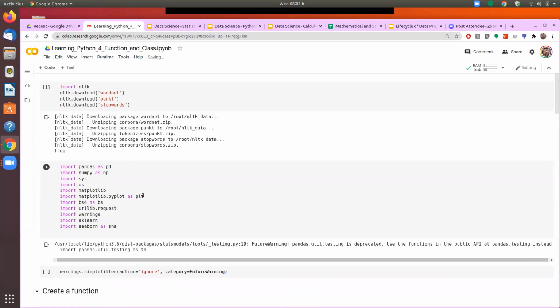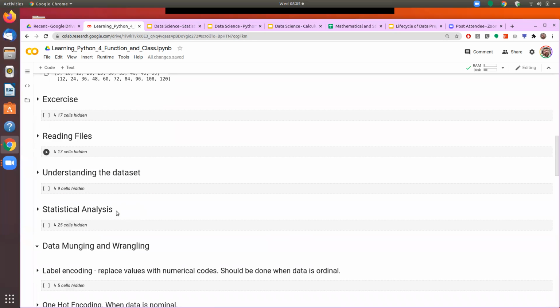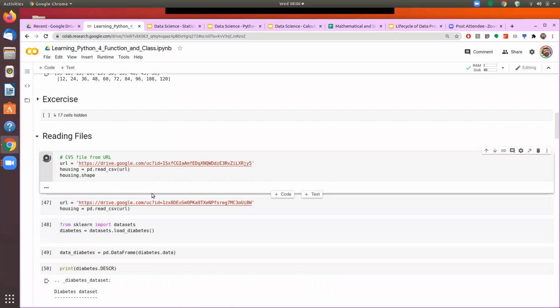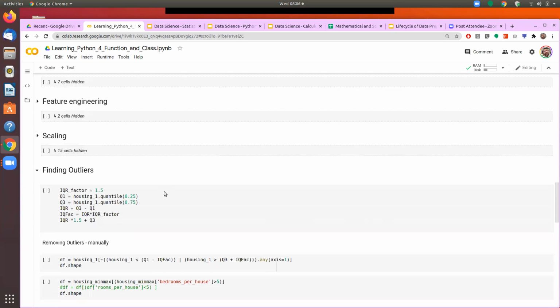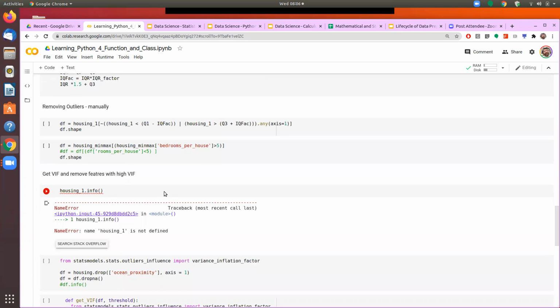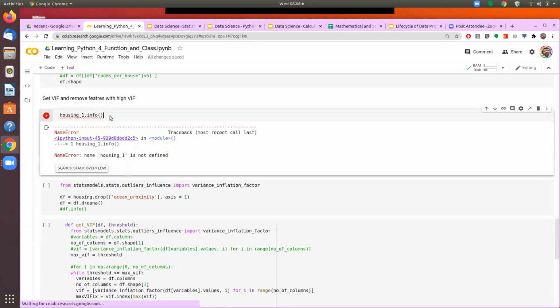So some of these things have not run. I think here it used to give me a problem in the reading. We'll just define the housing one here.